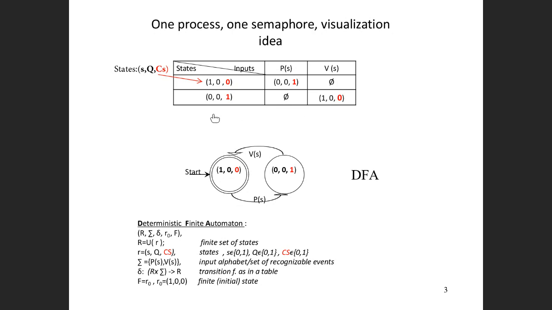If the state is 0,0,1, which means there is a process in the critical section, obviously V of S may be executed, and as a result, we get back to 1,0,0. The characteristic of deterministic finite automata is such that within the cells of this transition function delta, we have just one state. One cell, one state.